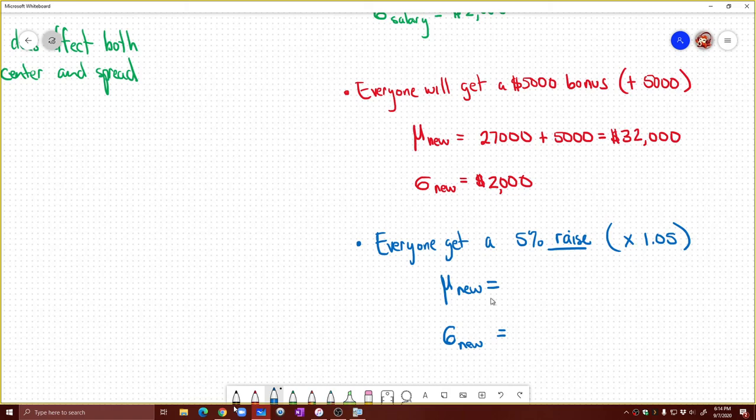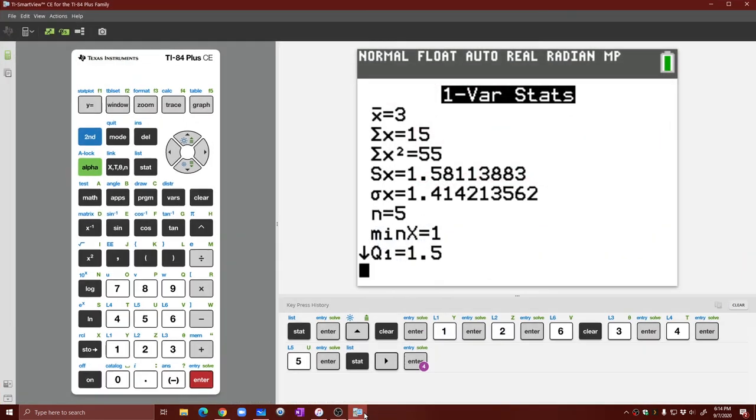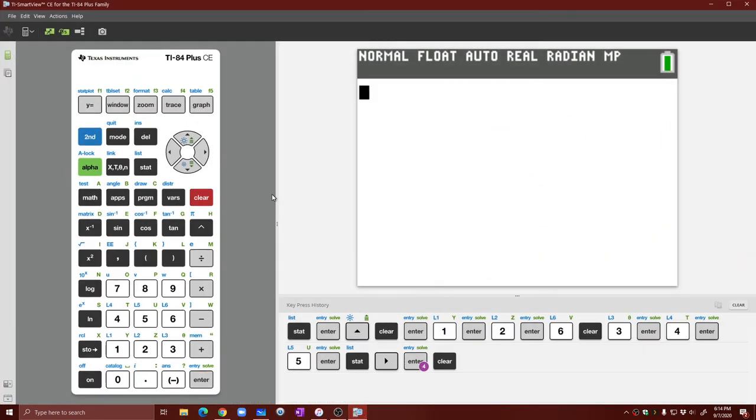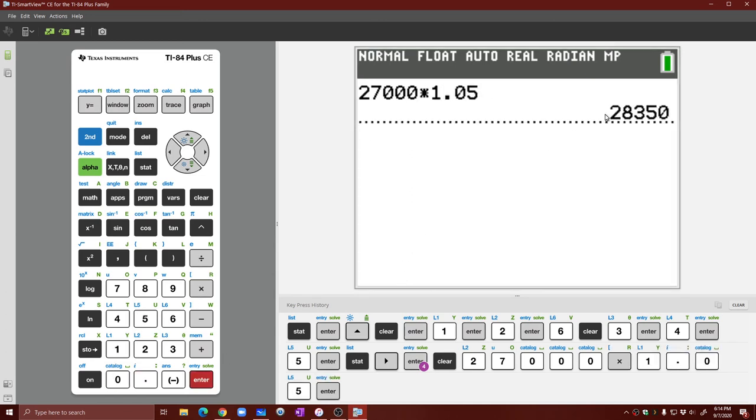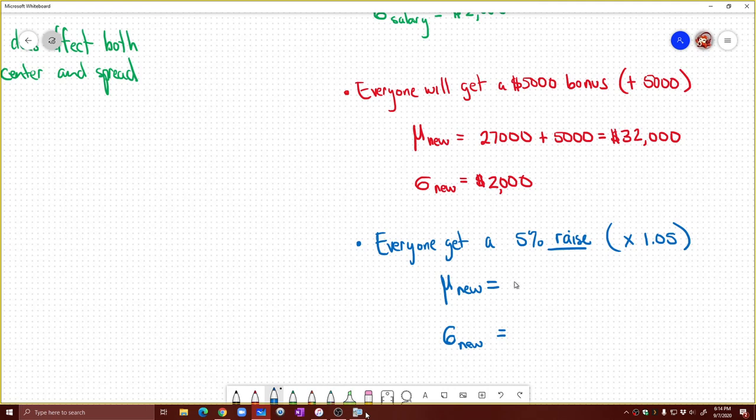So for $2,700, and I just happen to have my calculator up and ready to go, we're going to take our 2,700 times 1.05. So now it's 28,350. Okay, so I'm going to go back to my whiteboard and write 28,350.